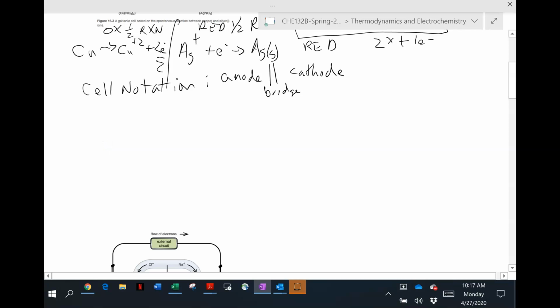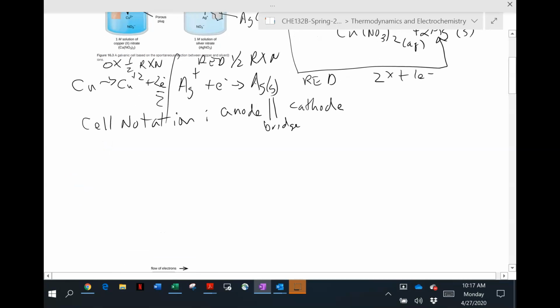It's always good to remember, in redox chemistry, we can use things like LEO goes GER and OIL RIG to remind us that oxidation is loss and reduction is gain. Loss of electrons is oxidation, gain of electrons is reduction. There's a way to remember what goes on at the anode and the cathode.